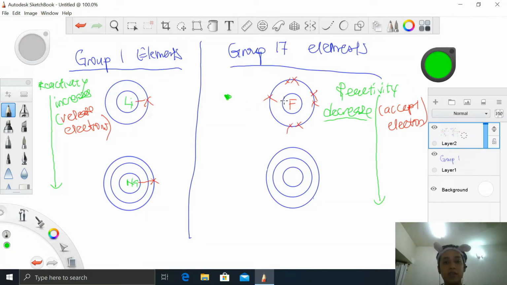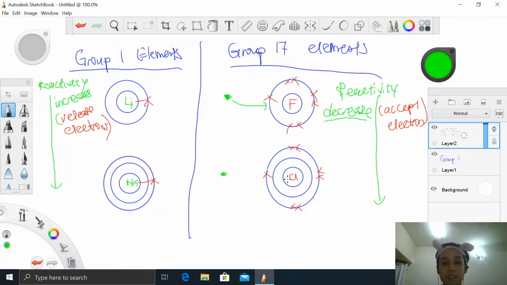So the nearer or the smaller the size, the stronger the attractive force of the nucleus, so that it's easier for them to pull the electrons to come in. So as the shell increases, distance is getting further from the nucleus, and then for the electron outside here, let's say this one is chlorine, alright, the valence electron here is 7, okay, I need one more to achieve octet stability.